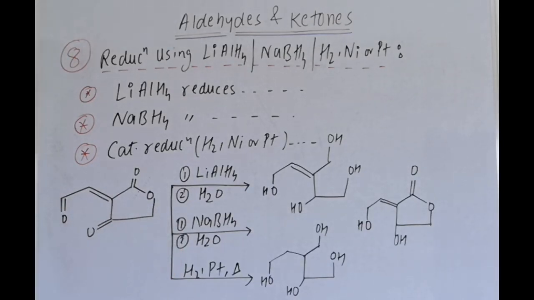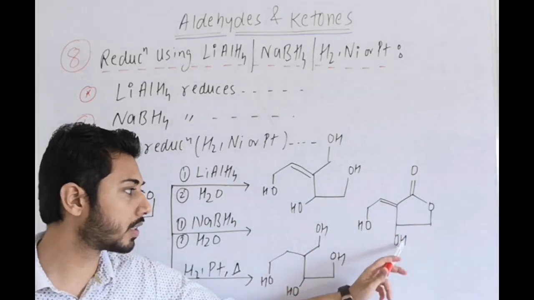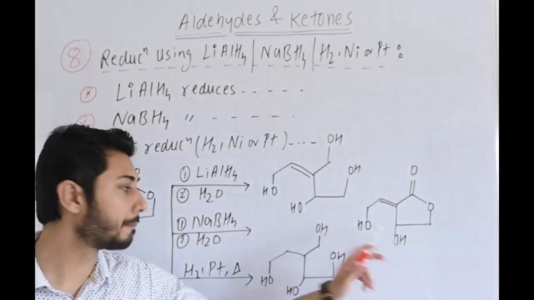Second, with sodium borohydride, it is milder. It means it will reduce aldehyde, ketone but not ester and it will also not reduce the double bond. Here primary alcohol, double bond as it is, ester as it is and secondary alcohol from ketone.